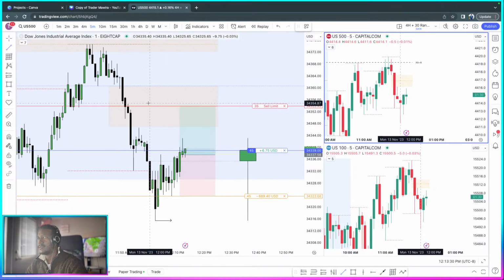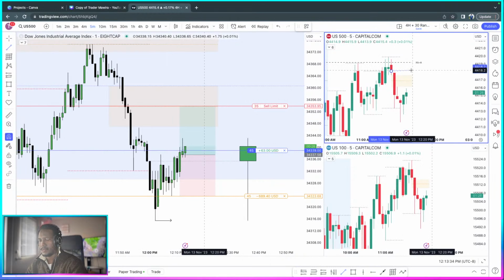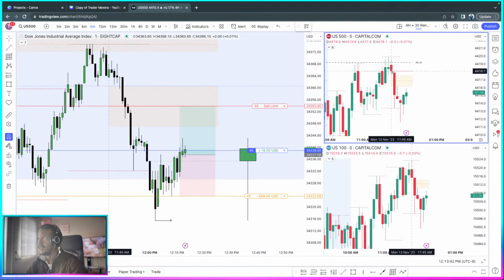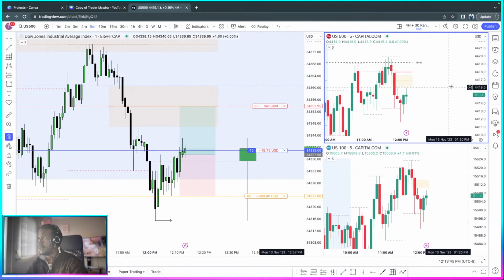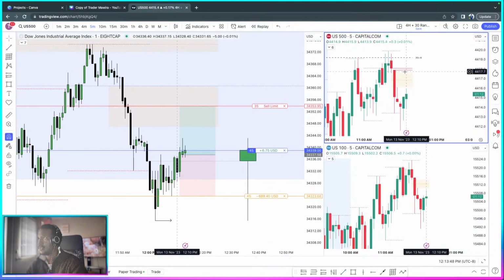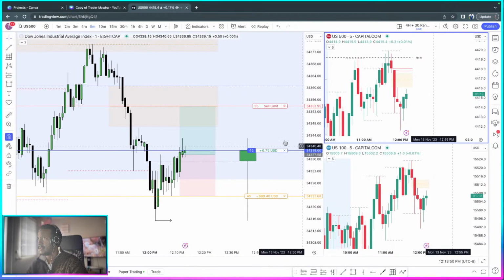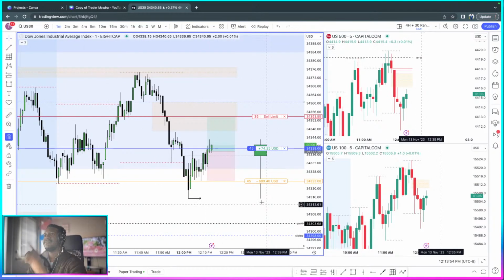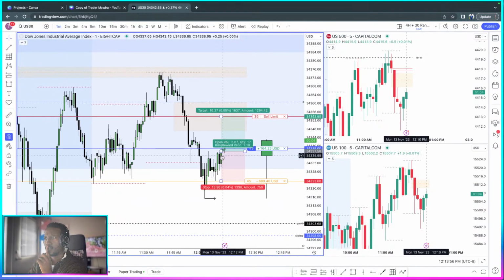Let me put a line over there. Actually, I do think this trade is just going to keep on going up, but I'm taking advantage of that retracement to the upside. So we do have an imbalance right there. Does this one? No.